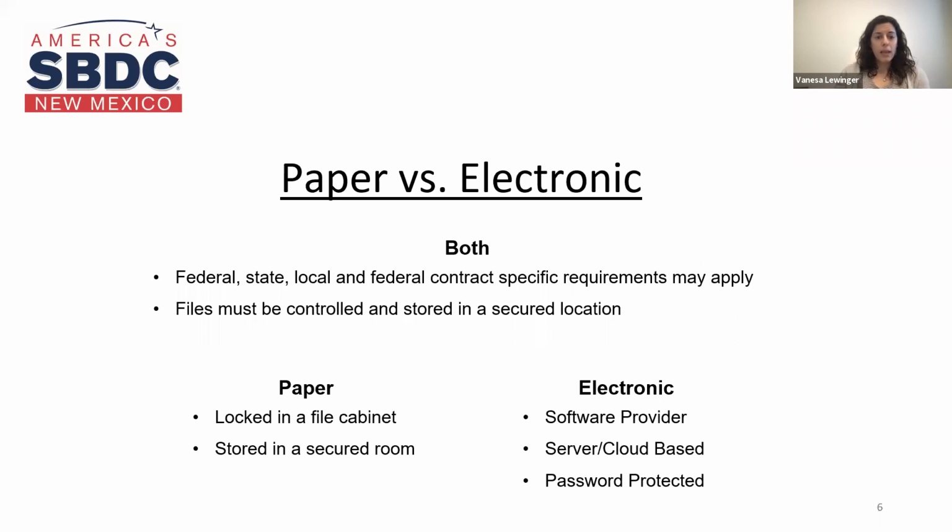So we're going to look at paper versus electronic. Keep in mind that in general, employers are able to maintain files in any format that works best for them or their organization, but there may be federal, state, and local requirements that you have to consider when you're developing your organizational system.